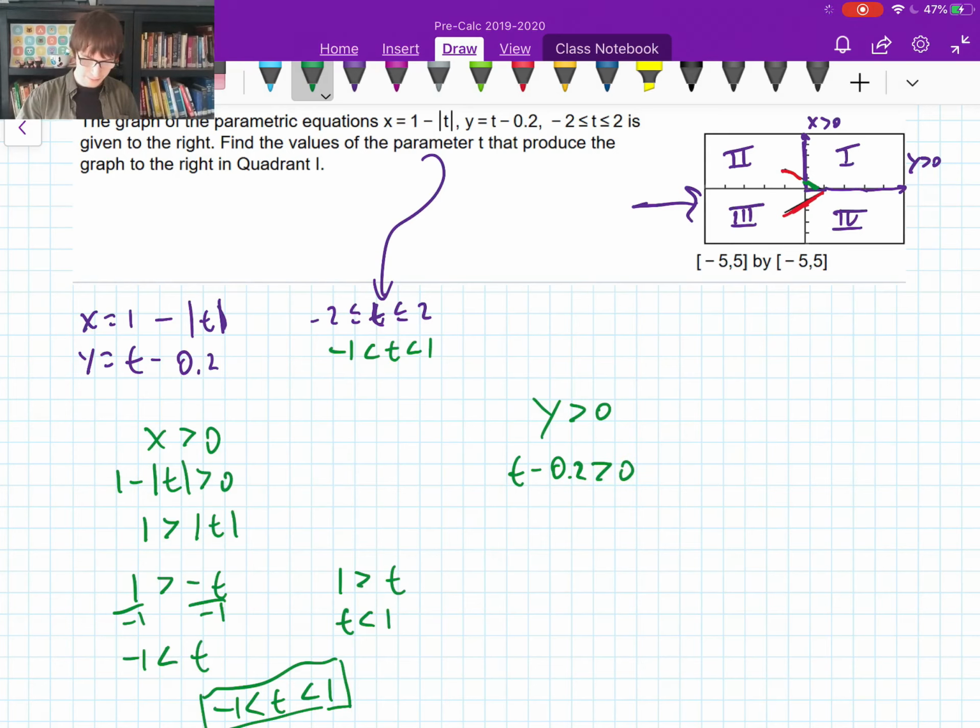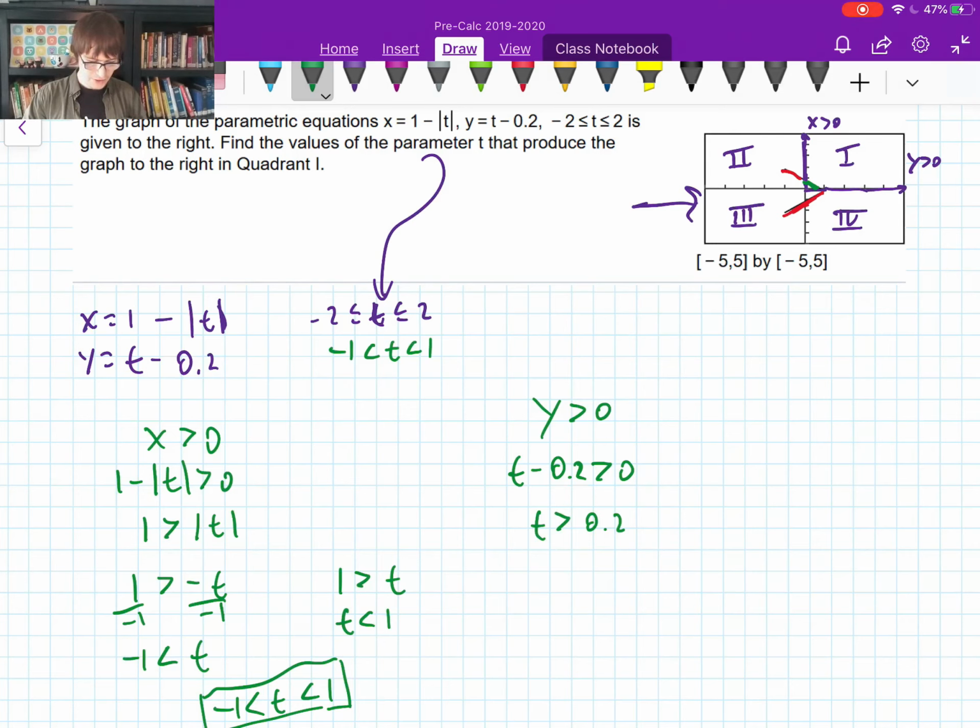Excellent. Okay, solve for t. This one's a lot easier. We'll say t is greater than 0.2, adding 0.2 on both sides. Remember, if we add or subtract a negative, it doesn't change the sign. It's only when you multiply or divide. So t is greater than 0.2.